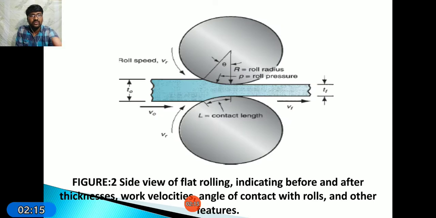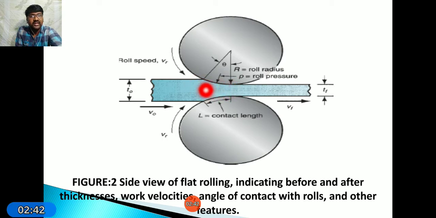Coming to another diagram, here we are given some parameters. It gives the side view of flat rolling, indicating the before and after thickness, working velocities, the angle of contact with the rolls, and other features. Mainly we have to note that theta is the angle of bite.